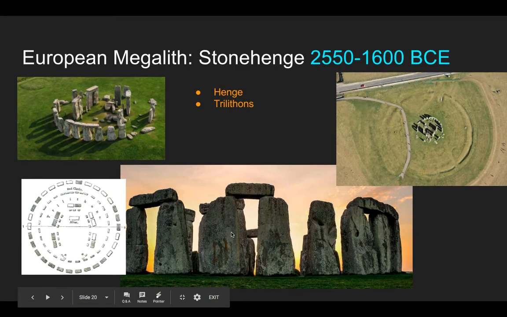Because these are done in a circular pattern, they call them a henge. If you look up here in the aerial view, you see the henge in the middle, but it's also surrounded by other circular patterns. Historians believe that these were used for ritual purposes and to mark the seasons.